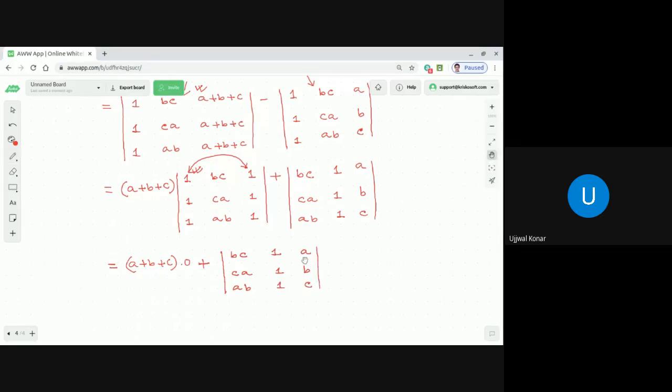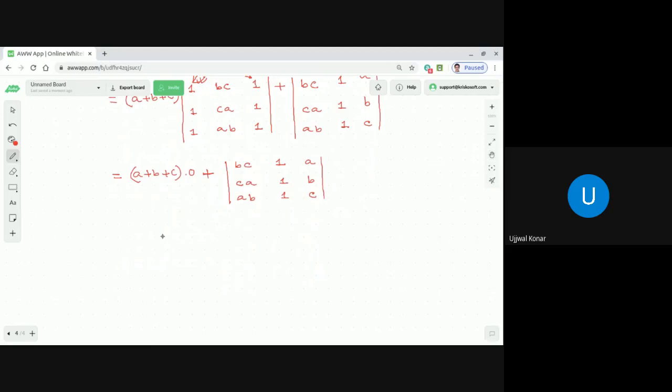Now, if we look into this, dear students, what we get is a simple determinant: BC, 1, A; CA, 1, B; AB, 1, C. But what do we need to prove?